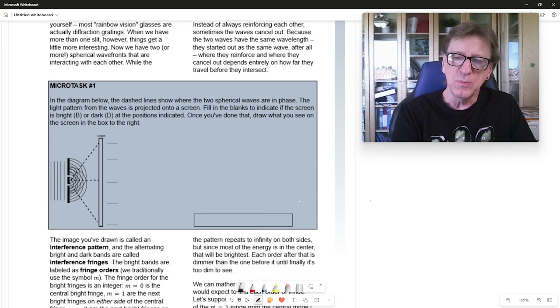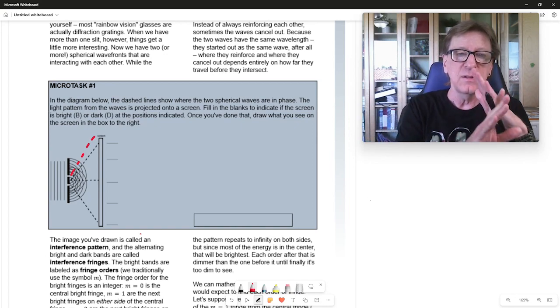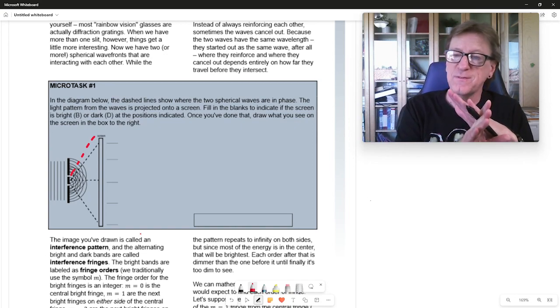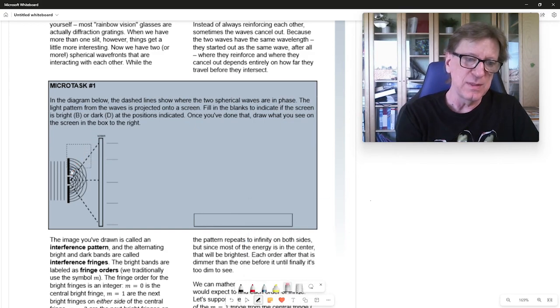So what we want you to do, each of these dashed lines that you see here, let's use a different color. Each of these dashed lines that you see here, I've drawn to represent where the two spherical waves are going to be in phase. Now, let's make sure that we're all understanding what we mean by that.